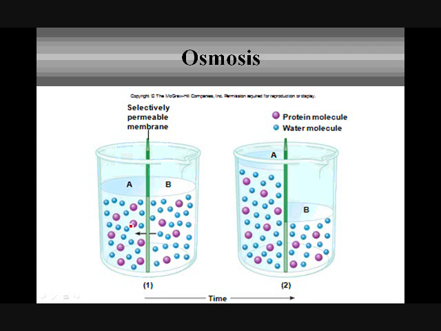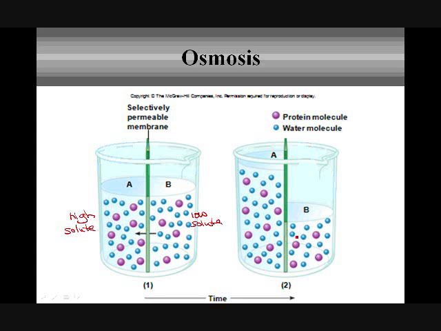So the idea that in this picture, right, we have two different images, and what you probably can't really tell is that this side is a high solute concentration, whilst here we have a low solute concentration, or at least lower.